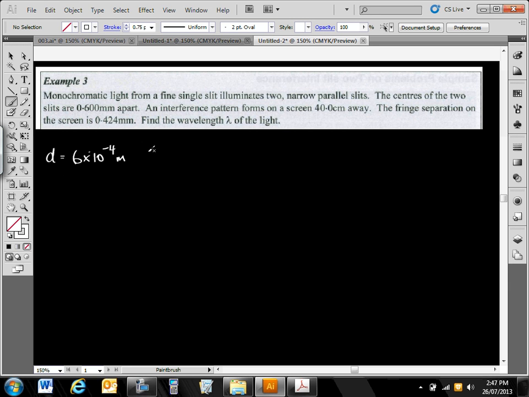So L equals 0.4 meters. Fringe separation, delta y, is equal to 0.424 millimeters, 4.24 by 10 to the minus 4 meters. We know this.